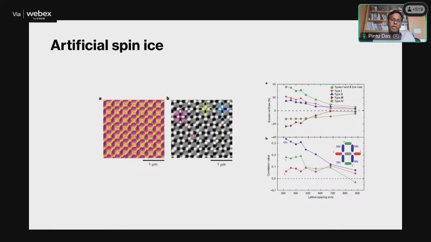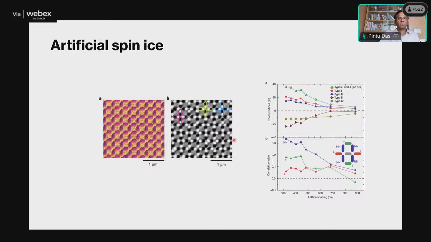But here you can define those spins, and by design you can orient the spins along certain directions. You can look at the function of lattice spacing relatively easily. Of course, there is a lot of fabrication involved, not so straightforward, but you can do a lot of interesting physics in this.